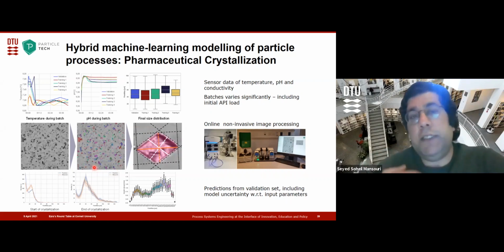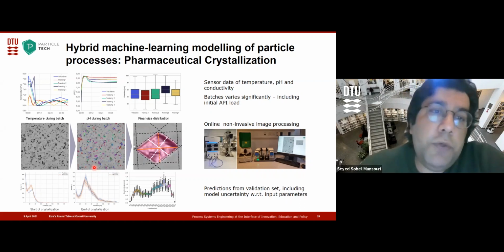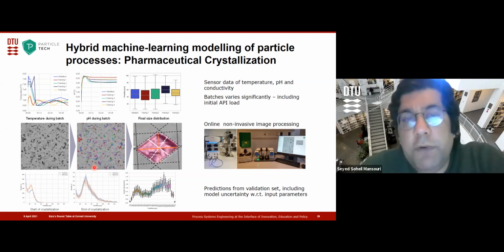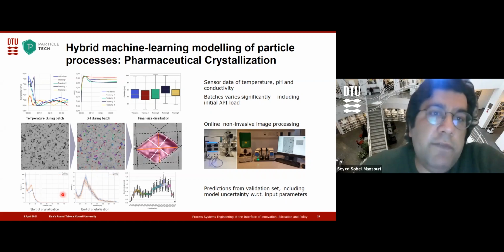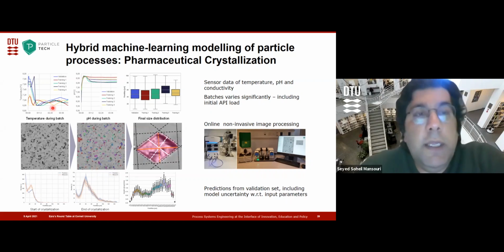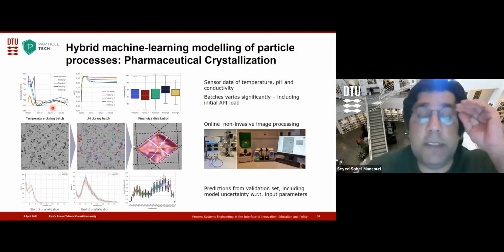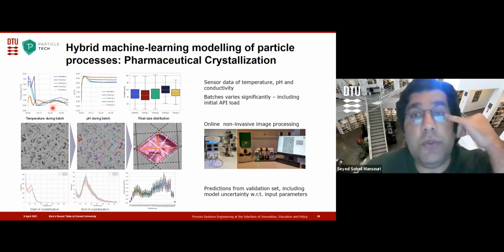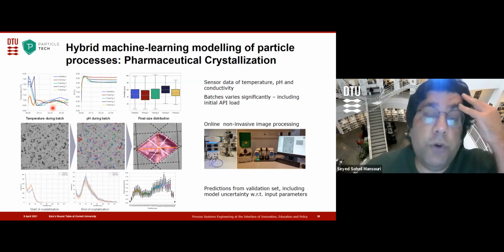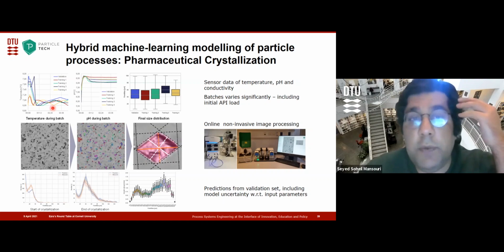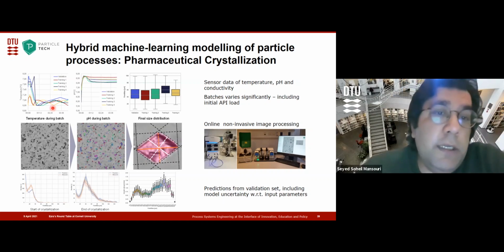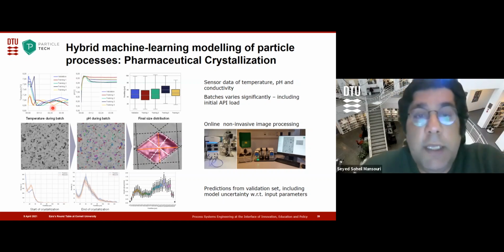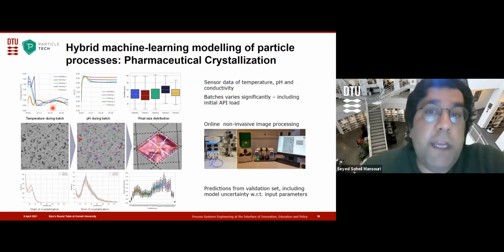And we combined this data and pushed them through this hybrid machine learning framework. What we could see is that given the uncertainty within different batches, different operating conditions, and so on, the model could substantially outperform the pure machine learning based approach and provide the predictions in a satisfactory way.